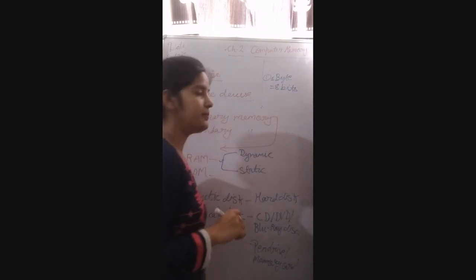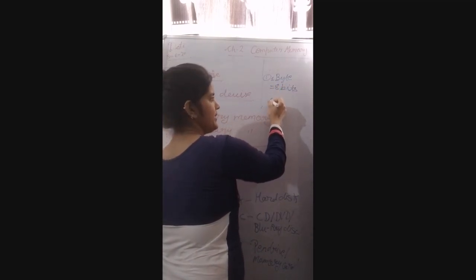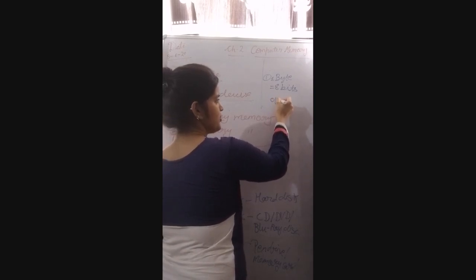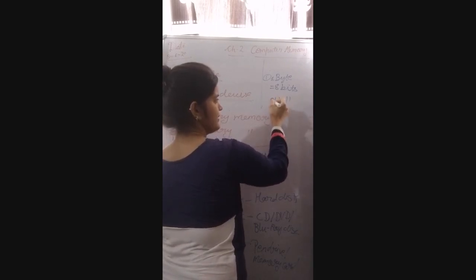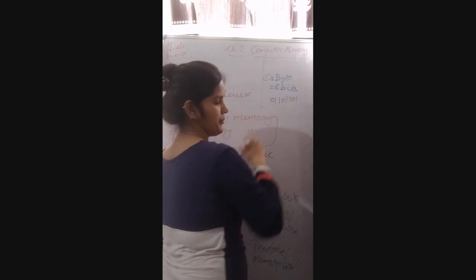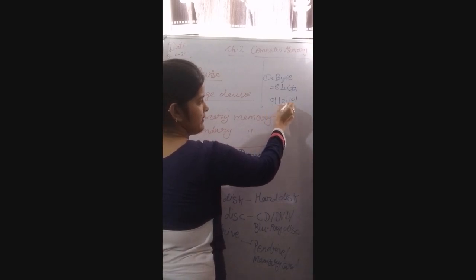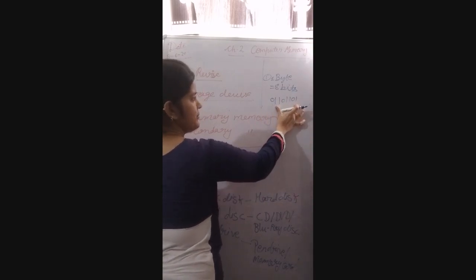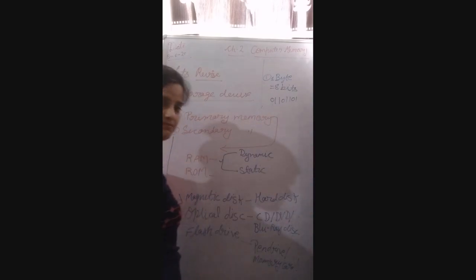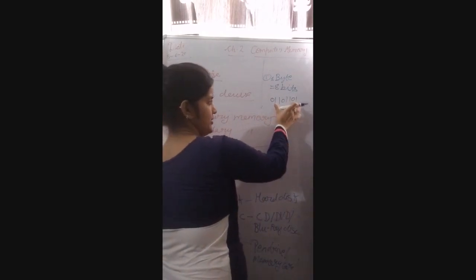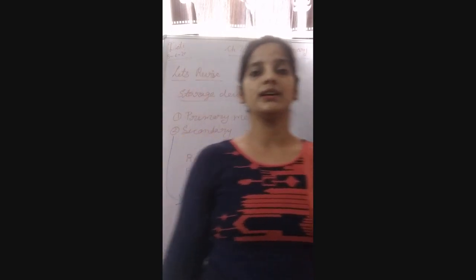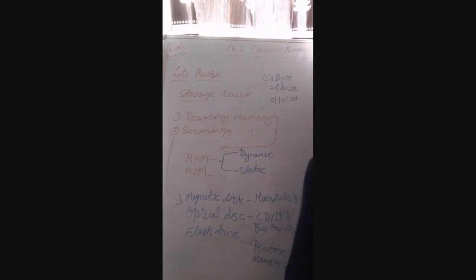It means you can store the data like this. In this way, data is stored in your computer: 01101101. These 8 bits make 1 byte, and this is the unit in which the computer memory is measured.